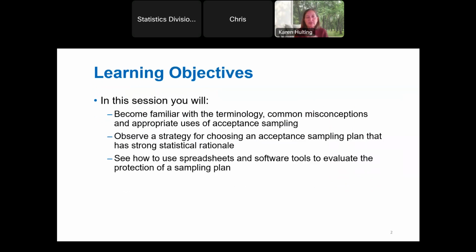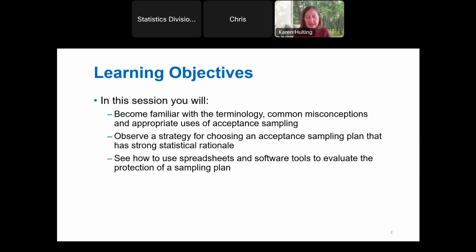Okay, so what we're going to try to do today is talk about all these terms and acronyms and lots of the words that are used in acceptance sampling. I've been in medical device and automotive, a little bit of pharma in combination devices.